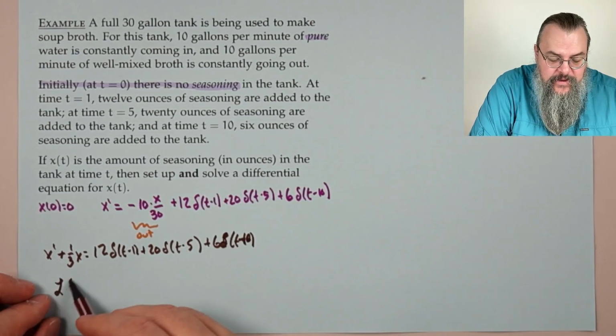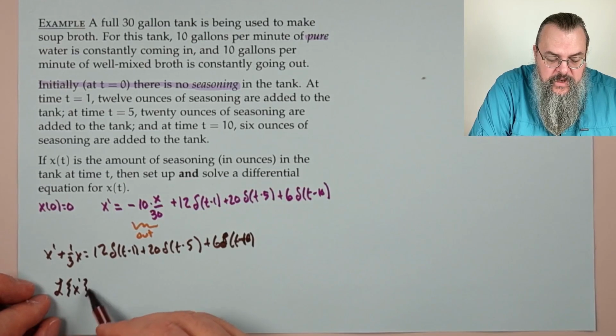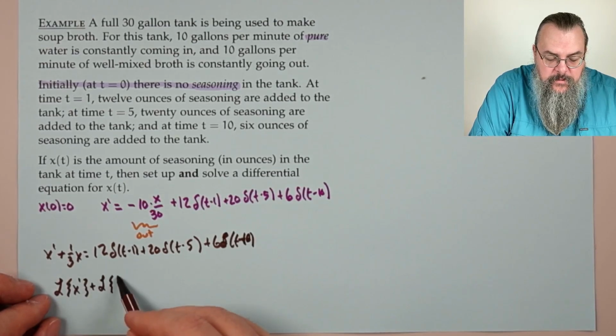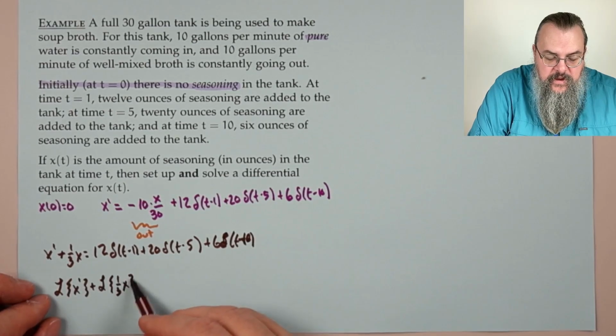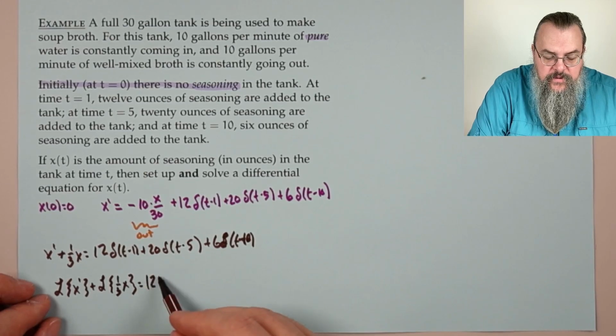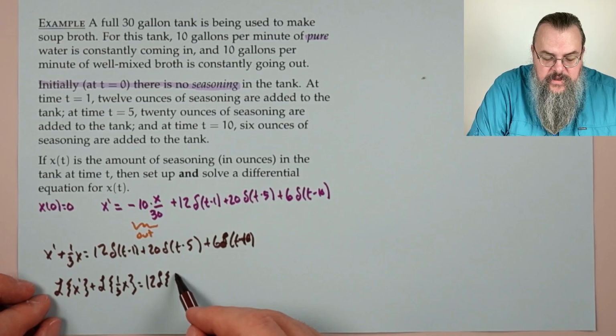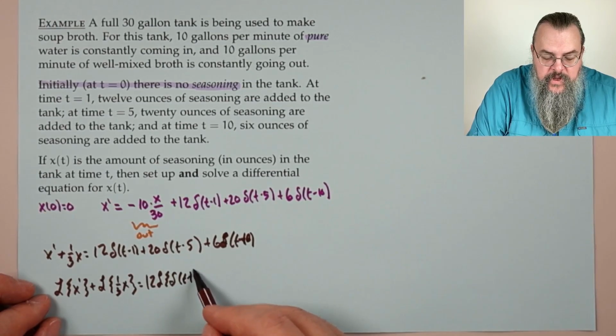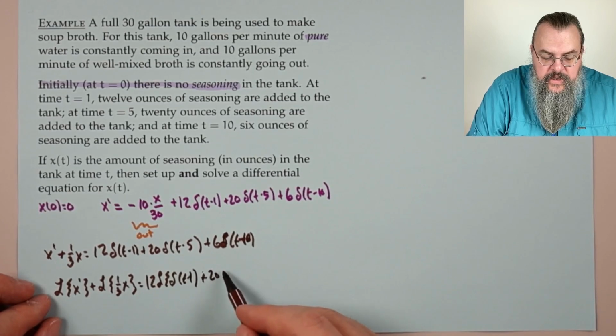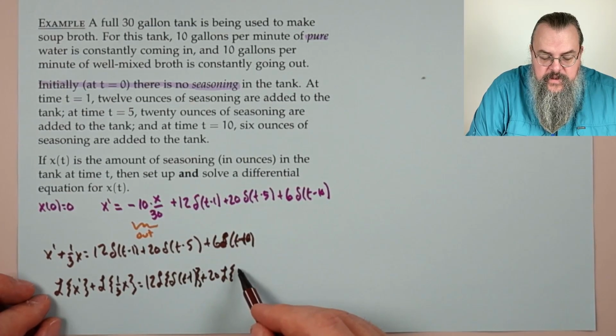So the Laplace of x prime plus the Laplace of 1/3 x is equal to 12 Laplace of delta t minus 1 plus 20 Laplace of delta of t minus 5.